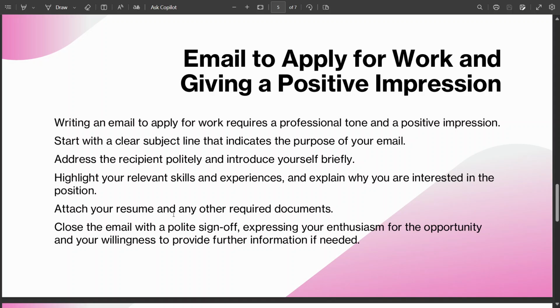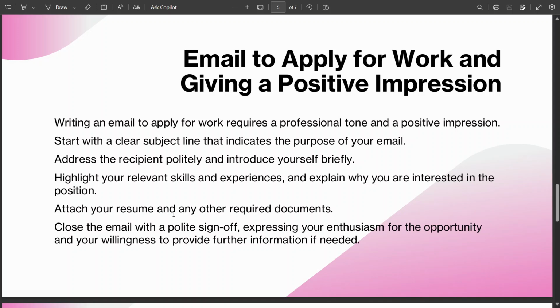We just say, write an email. So for that, you can choose a subject line for your own email. Address the recipient politely and introduce yourself briefly. Highlight your relevant skills and experiences and explain why you are interested in the position. Attach your resume and any other required documents.